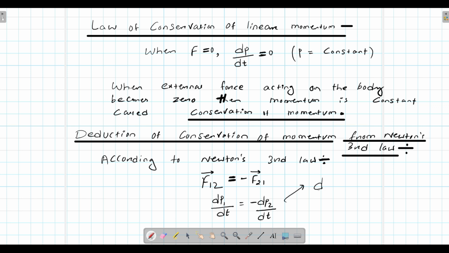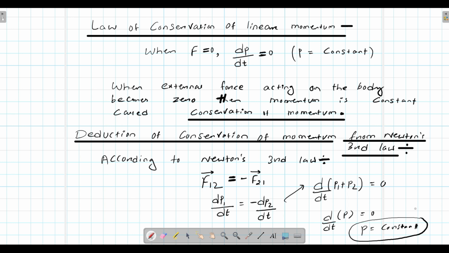So this is d by dt of (p1 plus p2) equals 0. As dp by dt is 0, d by dt of p equals 0. So momentum equals a constant. That is the conservation of momentum.